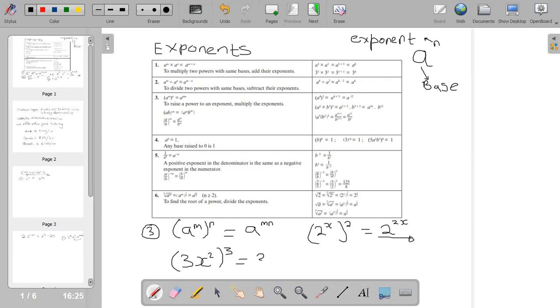So the answer will be 3 exponent 3 multiplied by x exponent 2 times 3, and this will give us 3 exponent 3 multiplied by x exponent 6. So this is rule number 3.